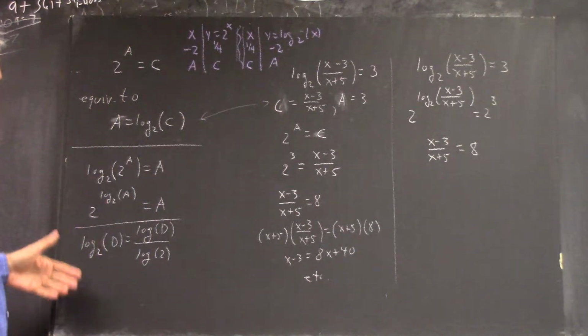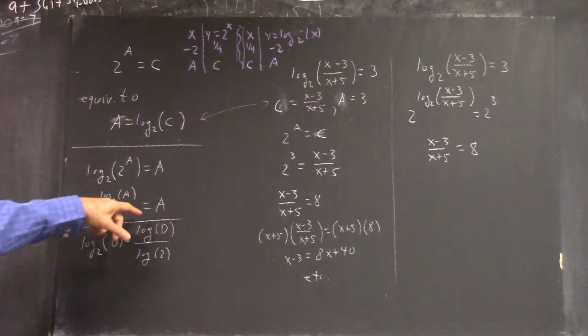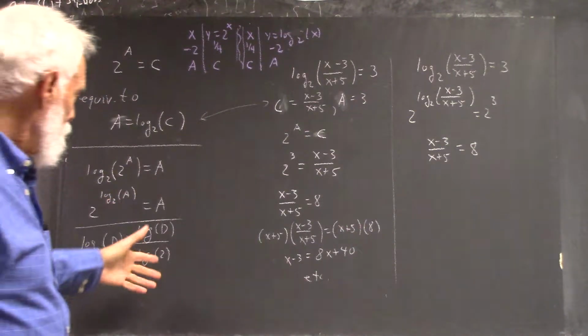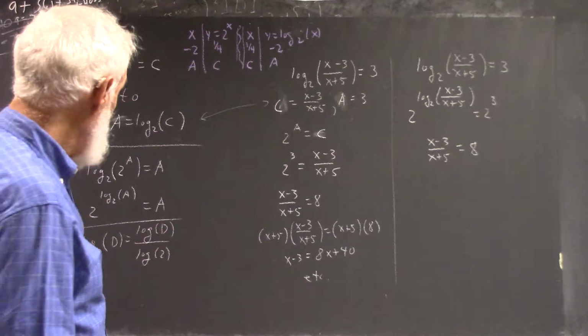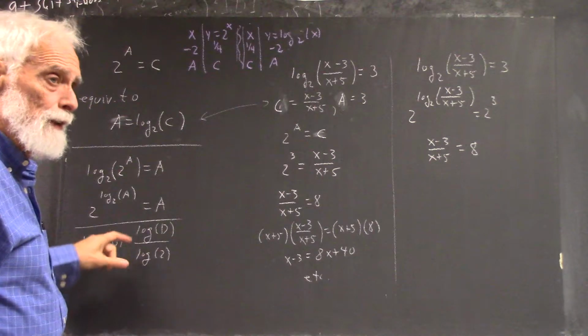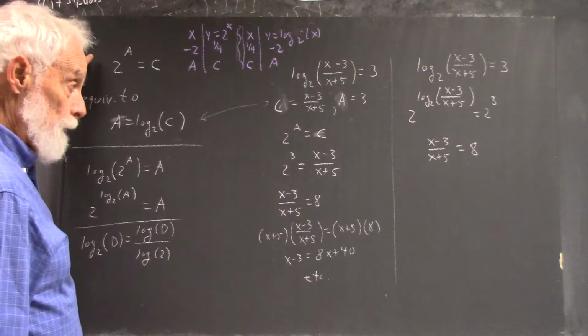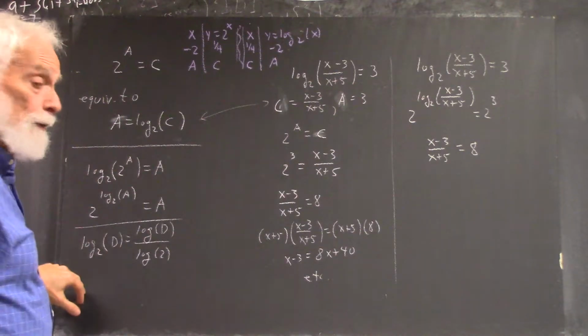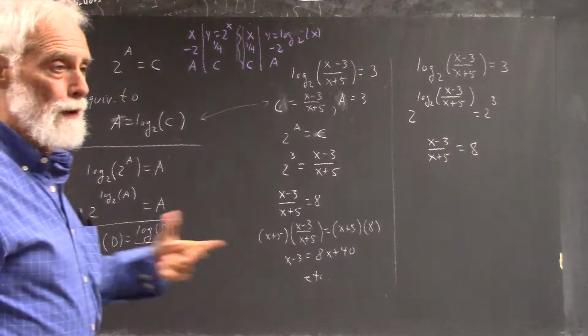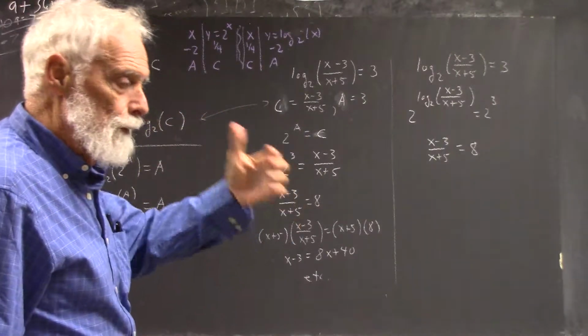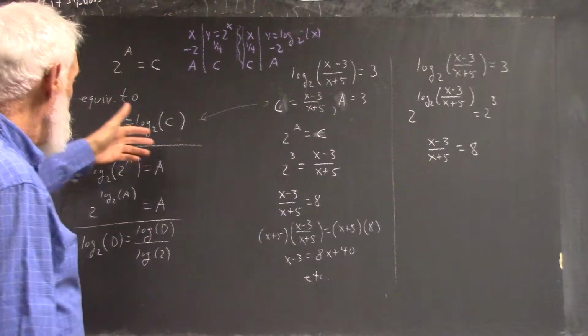Okay? And also we have log base 2 of d is log d over log 2, and I haven't proven that, haven't explained why that is, just telling you this, and this is much more complicated to understand than this or this. Okay, so these are the basic things we have to work with when we're dealing with exponential functions with base 2 and log functions with base 2.